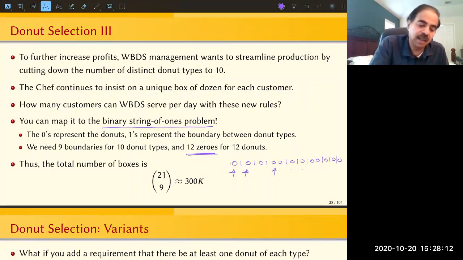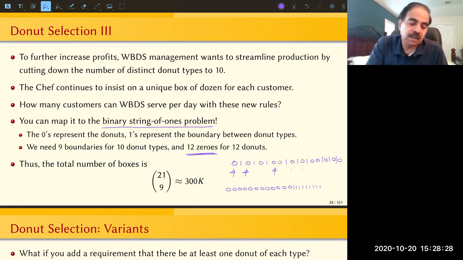You could also have something which says pick 12 donuts of the first type and pick 0 of every other type, right?